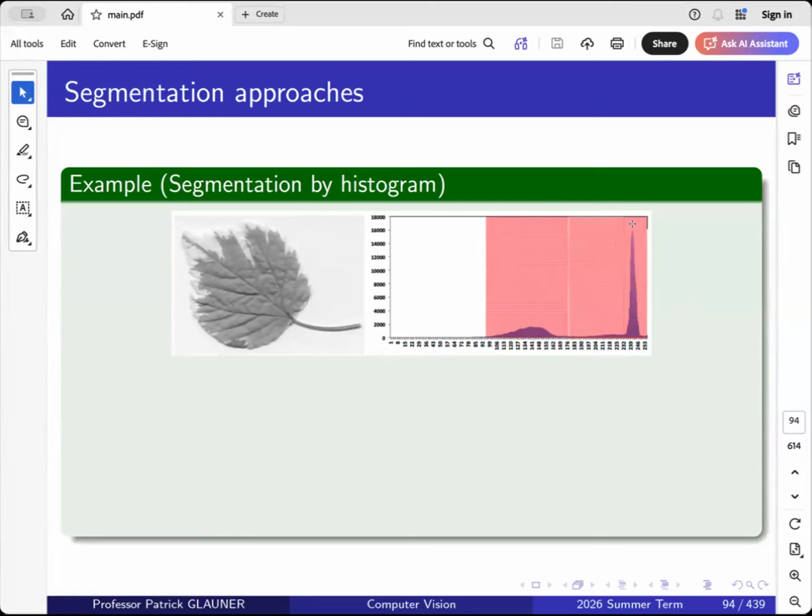That's why we have this peak in the histogram. And then we have a peak here, but it's a bit flattened out, where we have a lot of pixels, say between intensities 100 to 160. And these are most of the other pixels in here. And we can calculate this histogram just by counting the intensities.